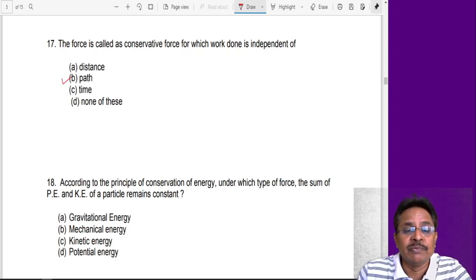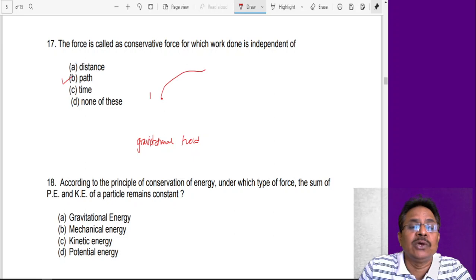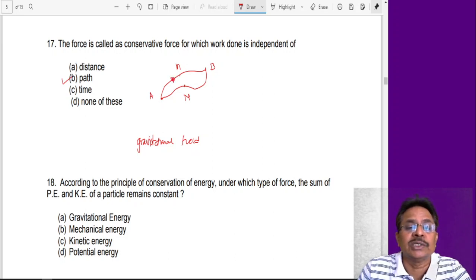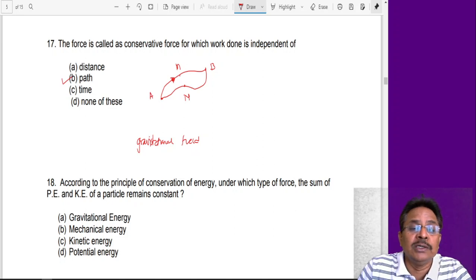Now what is this force? If I am in a gravitational field, when an object is moved from position A to position B through this path, A M B, and when this particular object is again drawn back, work done in moving this object from this location to this location, and work done moving this object from this location to this location with another path, that is A and B. This work done here is W1.